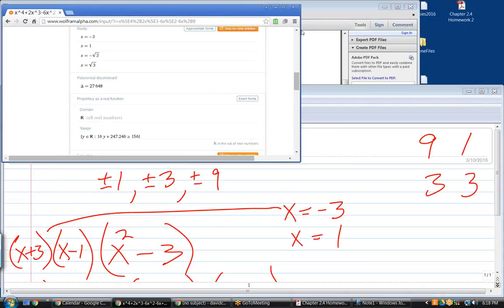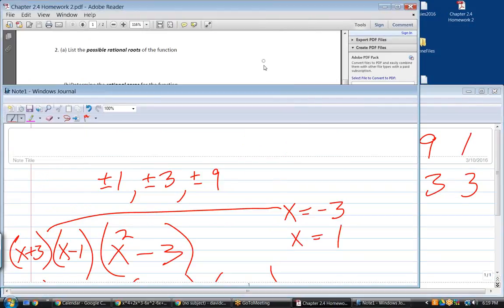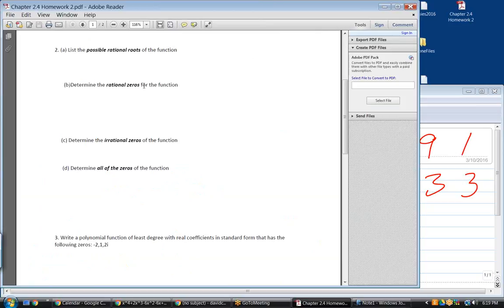Okay. Hold on, I'm trying to find the next part of their question. Determine the rational zeros, which were minus 3 and 1, right? And determine the irrational zeros, which were square root of 3 and minus square root of 3. Determine all of the zeros.